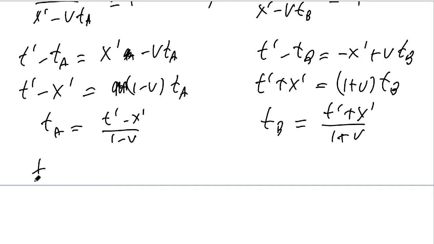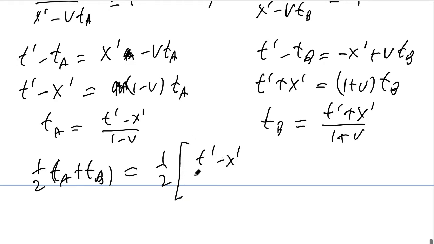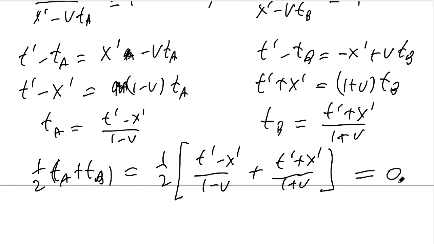So that's 1/2 ta plus tb, which is 1/2 t prime minus x prime over 1 minus v plus t prime plus x prime divided by 1 plus v. And we want that to equal 0 because we're asking for the events t prime comma x prime that are simultaneous with the origin event. So we'll set this equal to 0.